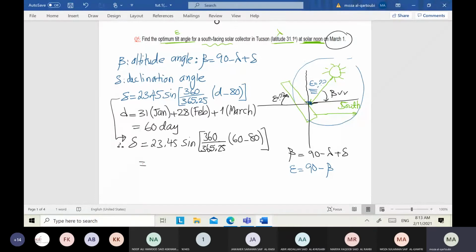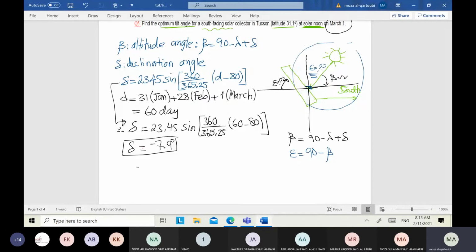Now we can find beta, the altitude angle. Therefore, beta will be, substituting in the rule, 90 minus lambda, given as 31.1 in the question, then plus delta, where delta is negative, so plus changes to minus, so minus 7.9.